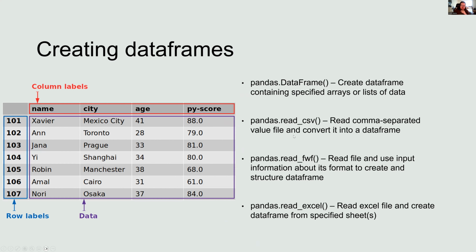The next three are used depending on the type of file that your data exists within. If you have a standard comma separated value file, you can read that in with read_csv, and specify in the function that the first row is headers, so it can interpret the column names based off of that first row in the file.